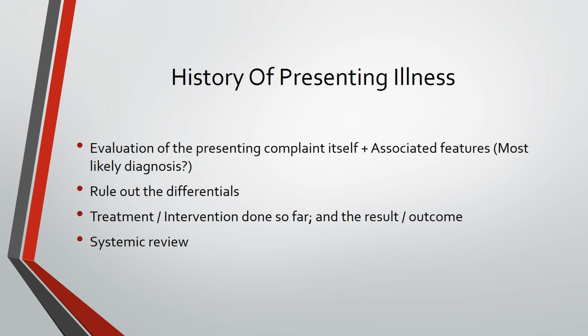The second part is to rule out the differential diagnosis, and the third part is to evaluate whether any treatment or intervention has been done so far and the result or outcome of that treatment or intervention. And the fourth part is the systemic review. Now we will discuss all these segments one by one.